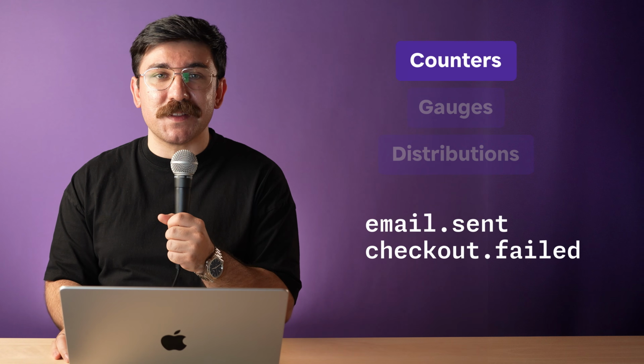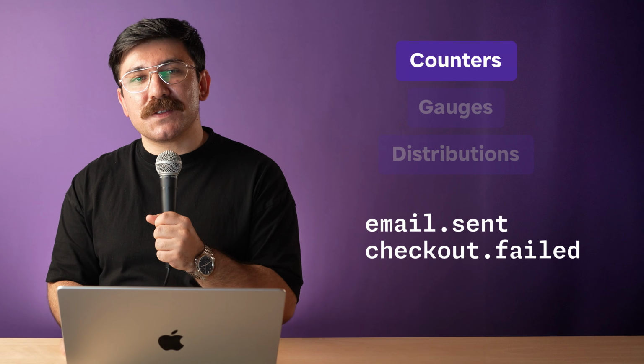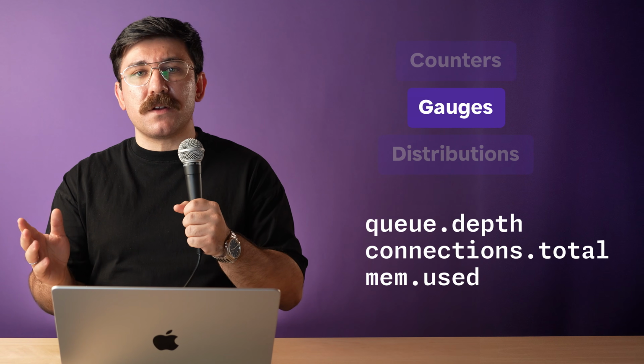A counter is something that happened. An email was sent, a checkout failed, an API request came in. You're counting occurrences. A gauge is a value at a specific point in time. Queue depth, active connections, memory used, anything where the current value is what you care about.